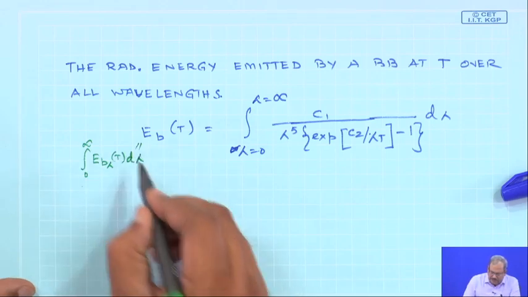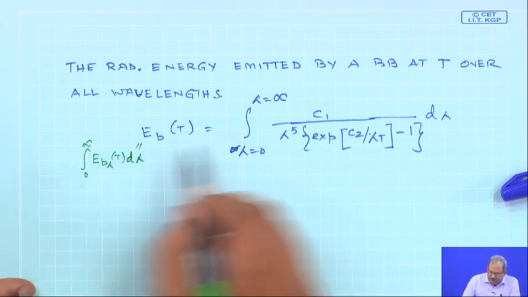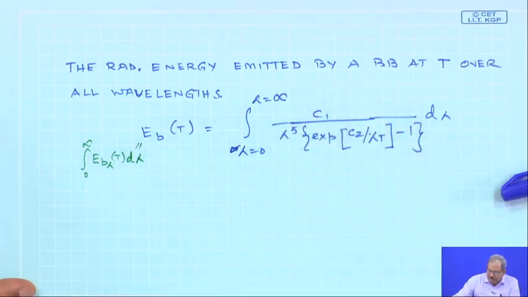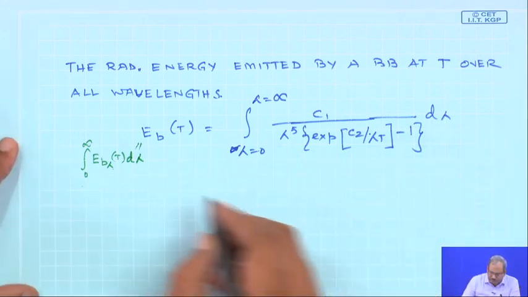That is a standard definition, and instead of E_b lambda I have put the expression incorporating Planck's distribution.